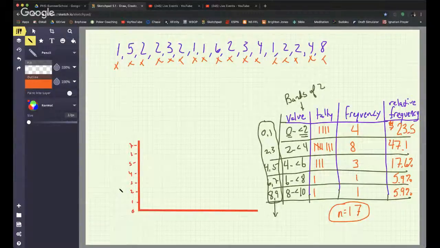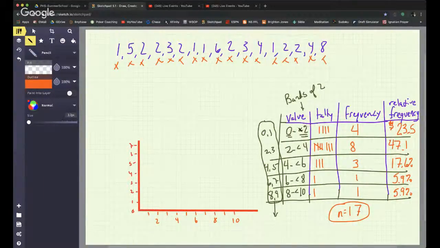All right, so here we go. Now we're going to go down here and write our numbers. 1, 2, 3, 4, 5, 6, 7, 8, 9, 10. So here's our 2, 3, 4, 5, 6, 7, 8, 9, 10. And now we're going to make bars from 0 to 2.